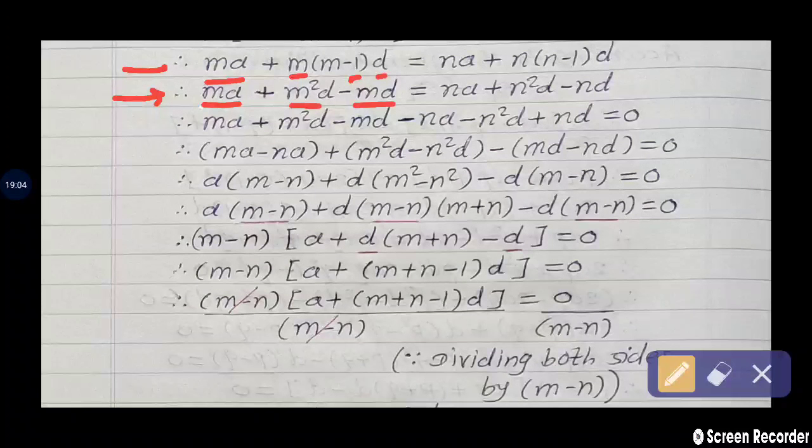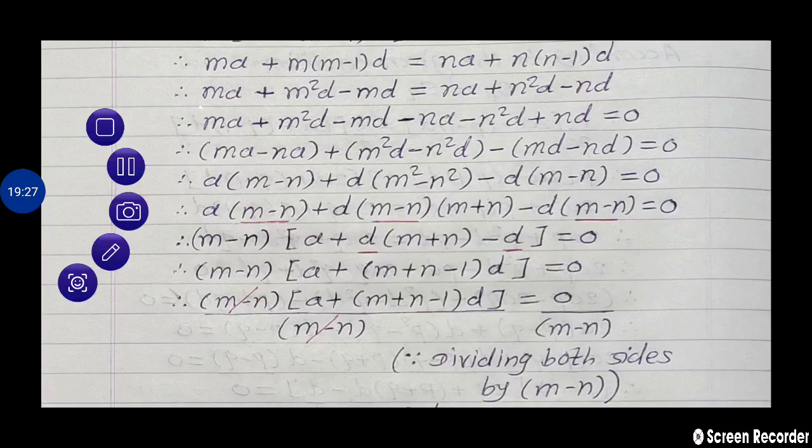So minus md is equal to, na remains as it is, plus n multiplied by d to this n, so n into n square d means n square d. The next n into 1 minus 1, so minus n into d, that is minus nd. See carefully what is given.